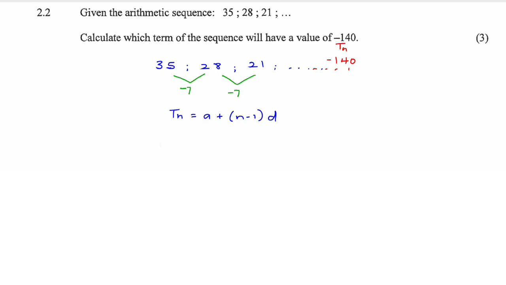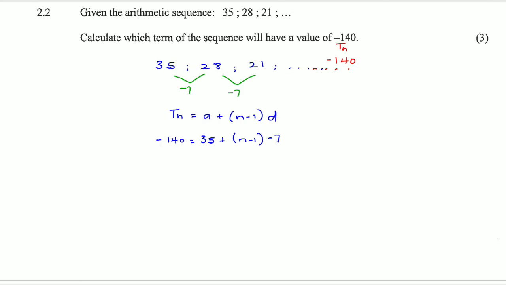Now let's substitute into the equation and find the value of n. Term n is minus 140, which is equal to 35 plus n minus 1, and D is minus 7.